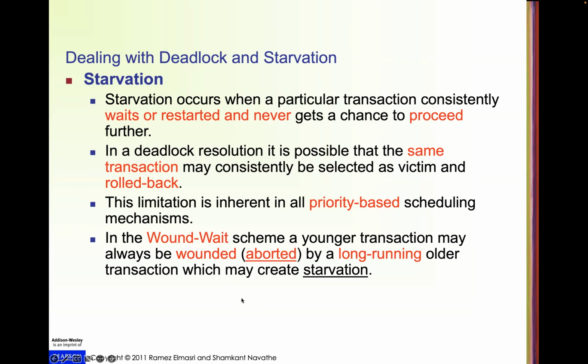Now we have T3 and T2 running together. Here T3 is new, T2 is the older one which was already aborted. So which one has the less wait time? T3 has the less wait time, so it will be rolled back and the chance is given to T2 to execute. The younger transaction may always be wounded or aborted by a long-running older transaction, which may otherwise create starvation.